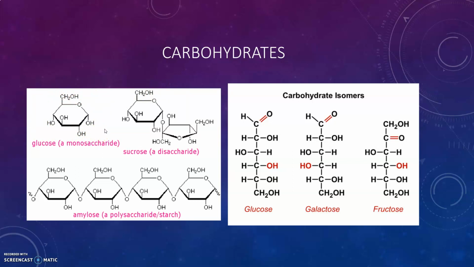And you're going to have bonds forming between them to form your polysaccharide or a starch, and we have our chain here. That's called a glycosidic link there.